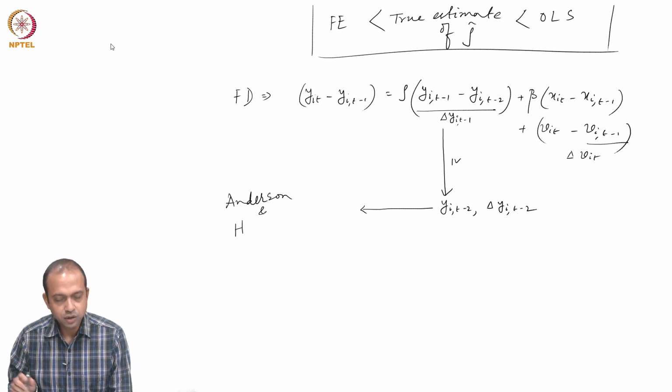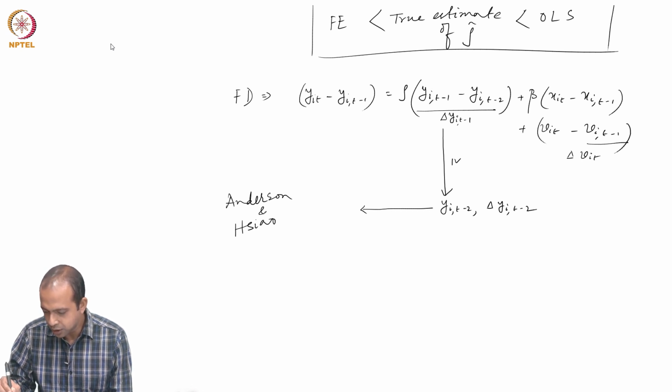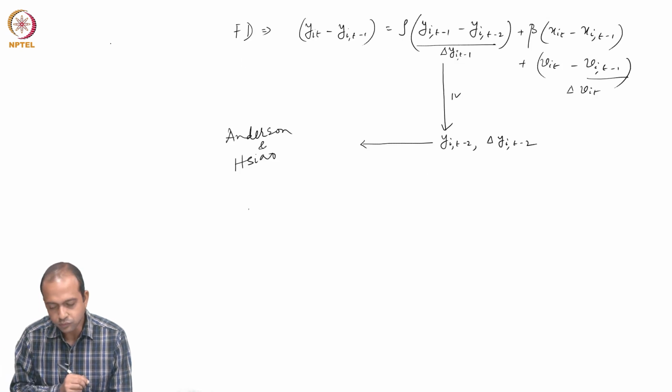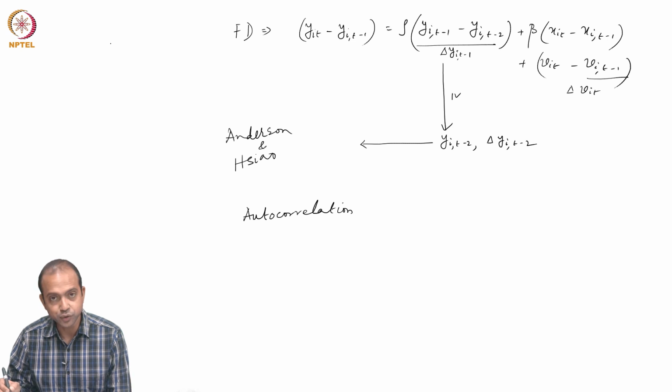In this model, when we write YIT equals rho YIT minus 1 plus beta XIT plus AI plus VIT, what we are saying is that YIT minus 1 is correlated with AI.